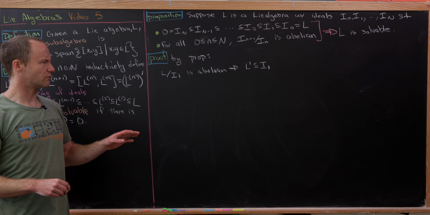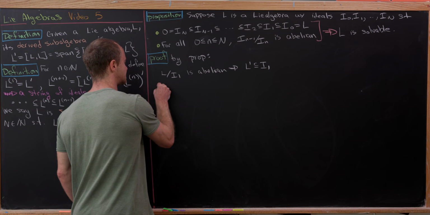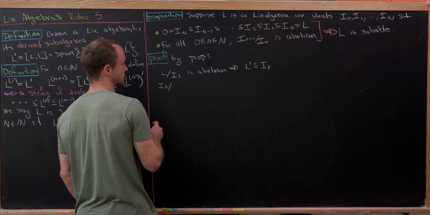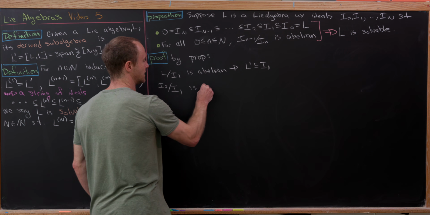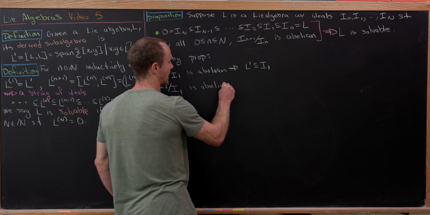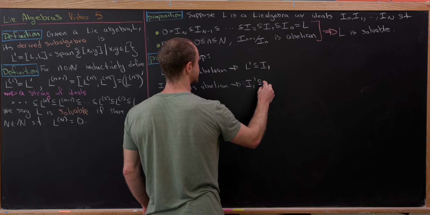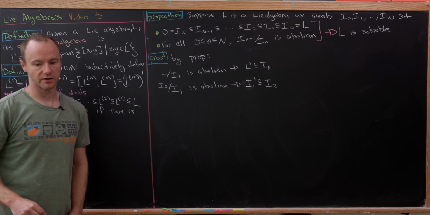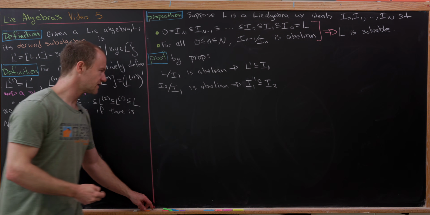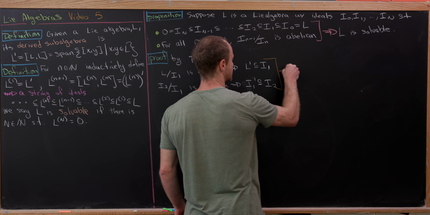Let's recall that was something that we just proved. Let's see where this takes us using this result over and over. So I_2 mod I_1 abelian implies that I_1 prime is a subset of I_2.